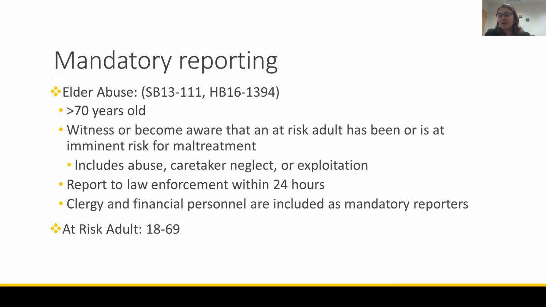And if you want to talk about mandatory reporting, please let me know, because it's actually a fascinating topic. But our state was the last one to pass it, and our bill looks pretty different than other bills. So we have an age-based cutoff, which many states have. Anyone over age 70 is considered a vulnerable elder per our statute and subject to the mandatory reporting laws.